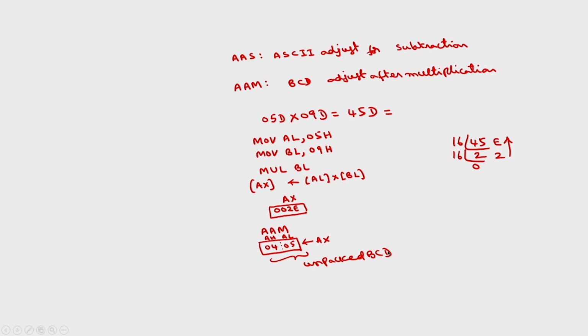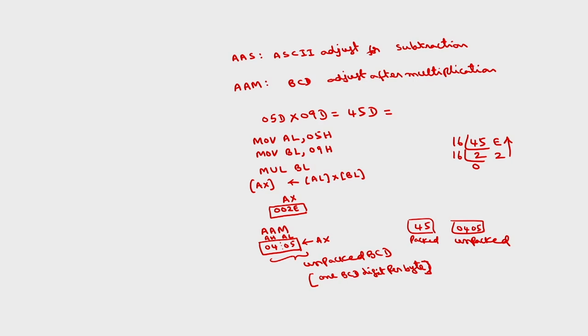What is meant by unpacked BCD is only one BCD digit per byte. Packed means something like 45. If I contain 45, this is called packed BCD, whereas 04 and 05 is unpacked BCD. This is packed and this is unpacked. So, this is the definition of unpacked BCD.